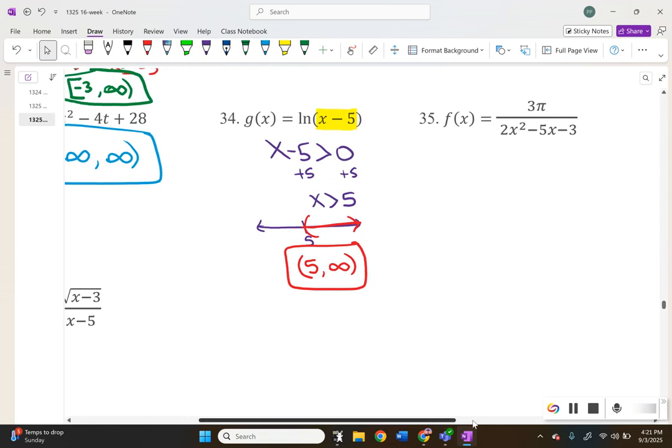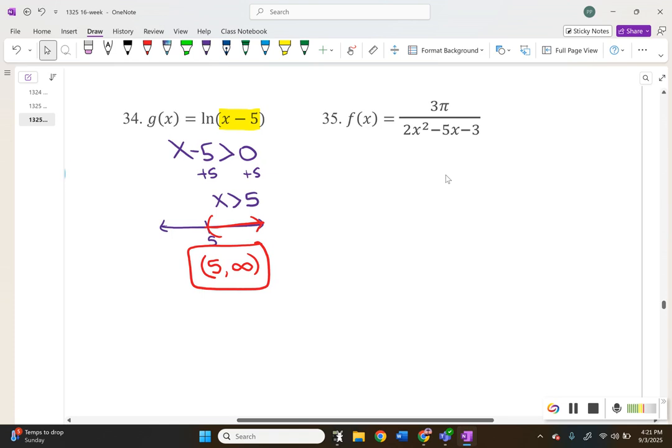Number 35. Number 35 does not have a logarithm, does not have an even-rooted radical, but it does have a denominator. So I'm going to set that denominator equal to 0. So solving for this, it's a quadratic, it's a trinomial, so I'm going to factor this. Factors of 2x squared are 2x and x.